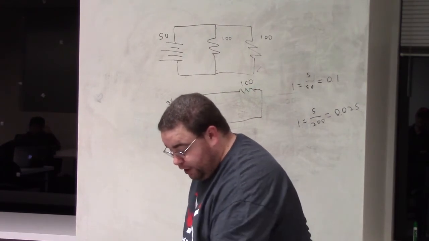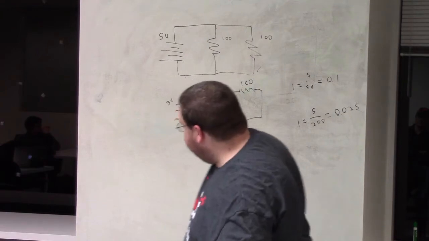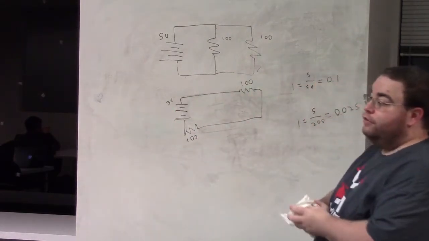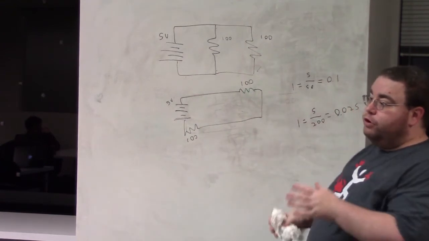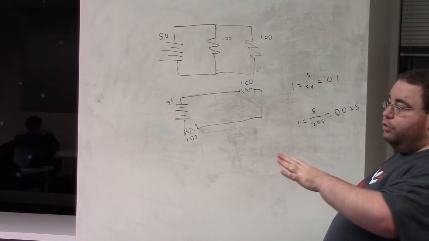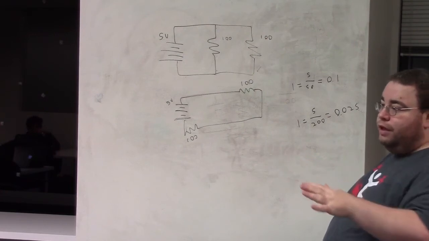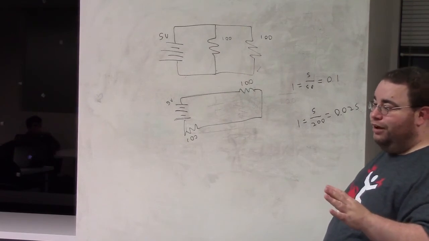Now, LEDs are special. LEDs are what are called non-ohmic devices. Up until now, the resistors we've been looking at are always going to drop an amount of voltage based on the current going through them, right? Because they follow Ohm's law. Not everything follows Ohm's law. LEDs don't.